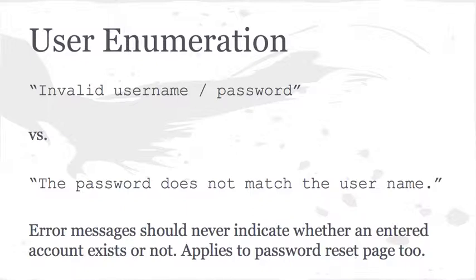If you have a very standard error message, something along the lines of username or password is invalid, that doesn't give an attacker any information in terms of whether or not the username that they tried is valid, and maybe just the password was wrong. However, if you give an error message that says something along the lines of that password is not correct for the given username, that implies that the username was correct, but the password wasn't. So you can see how slight differences in the way that the error message is worded can really give a lot of information to an attacker.